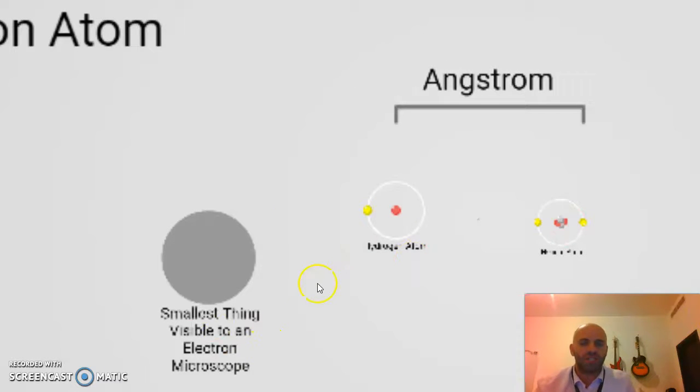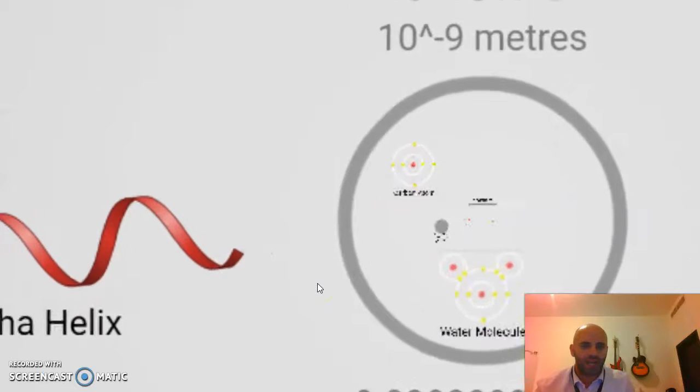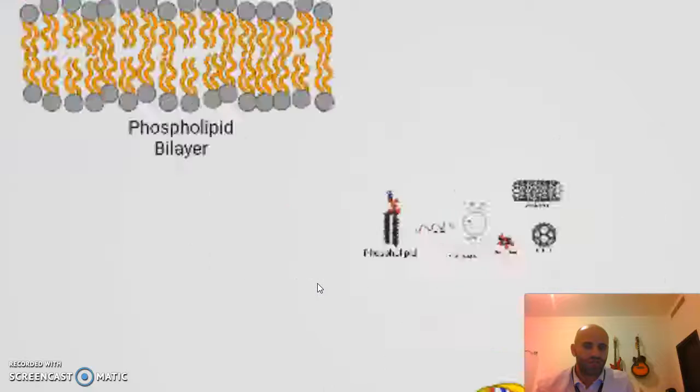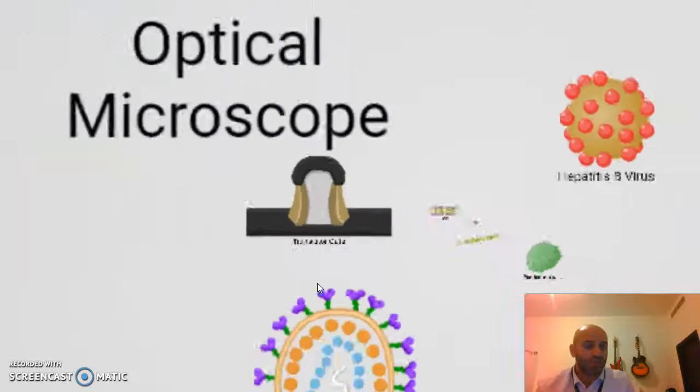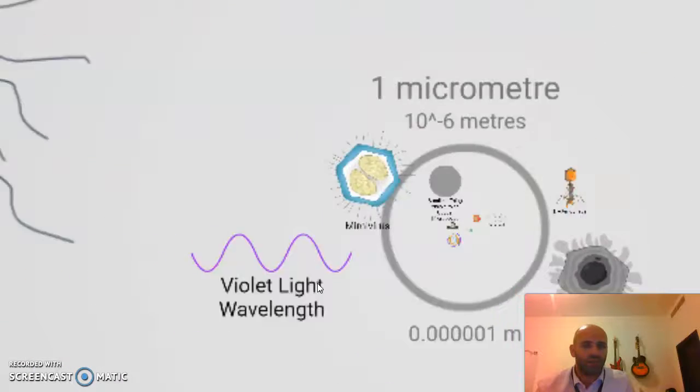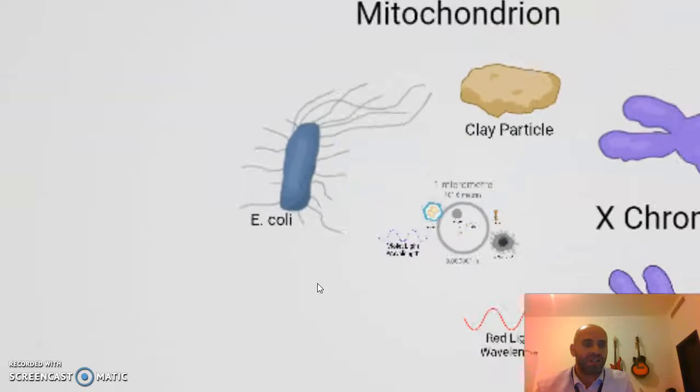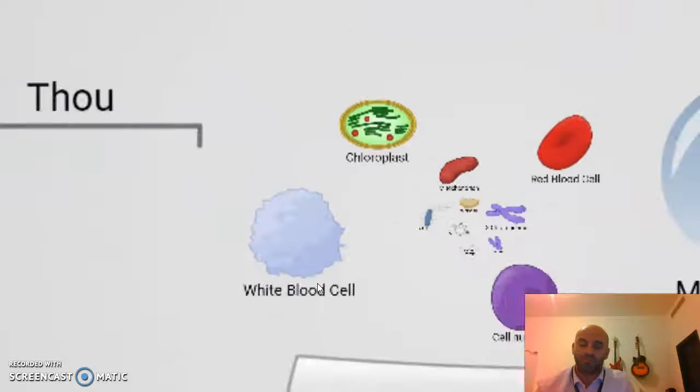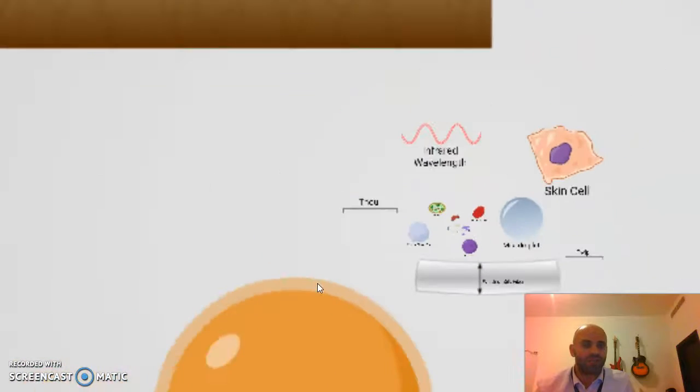Please feel free to explore this simulation. It's really, really nice. I just learned recently that it was made by two twins who were in school, basically, when they made this.